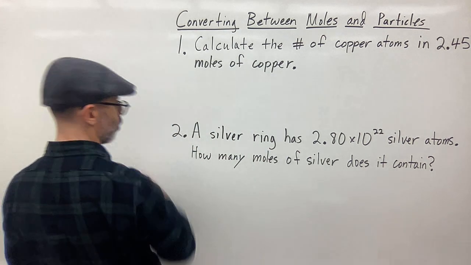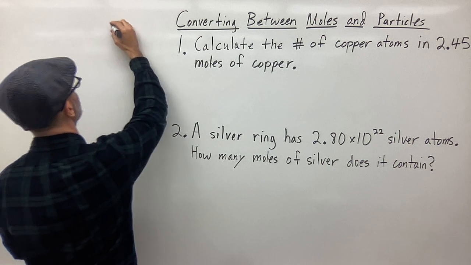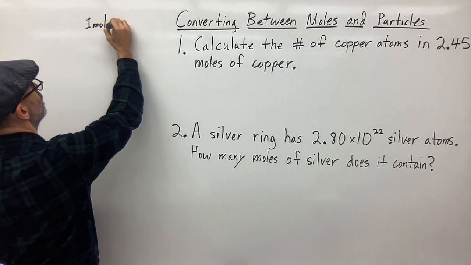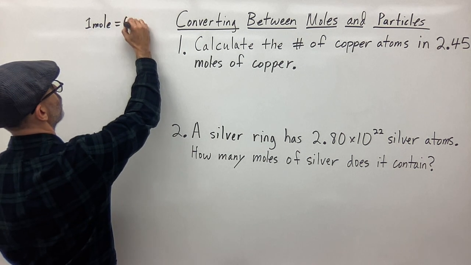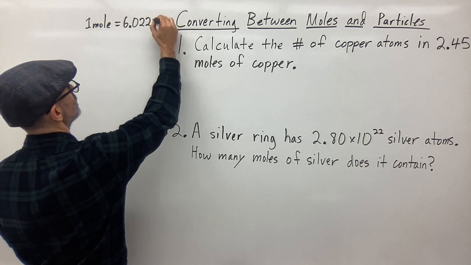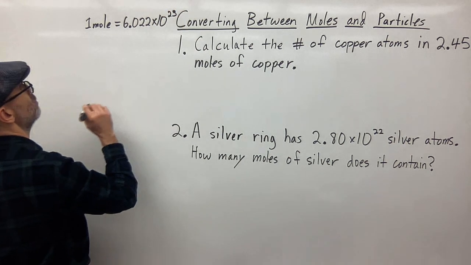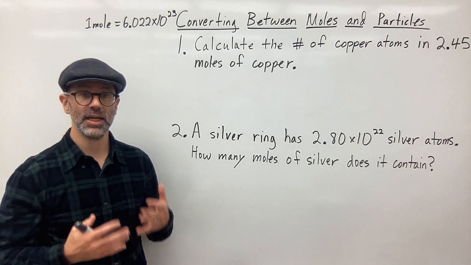We're not going to use molar mass for these problems. We're going to use the fact that 1 mole of anything is equal to 6.022 times 10 to the 23rd particles. So again, it's like a dozen, right?